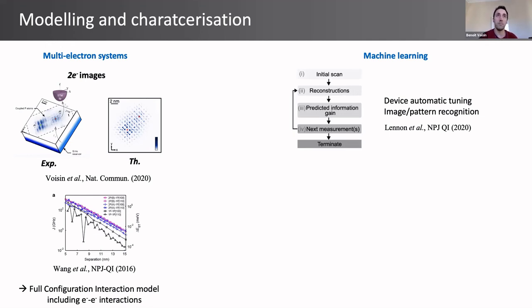So recently, there's also been a huge push to develop machine learning algorithms and implement them together with spin qubit devices. That's going to be very useful to tune the devices automatically using image and pattern recognition of the stability diagrams.